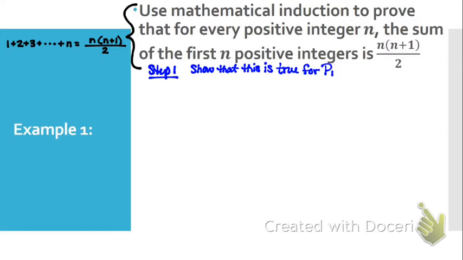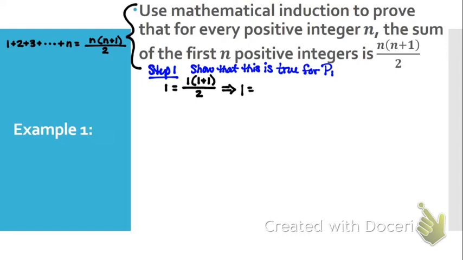So what I need to do is show that 1 is equal to, anywhere I see an n, I'm going to replace it with a 1: 1 times 1 plus 1 over 2. What is 1 plus 1? 2.